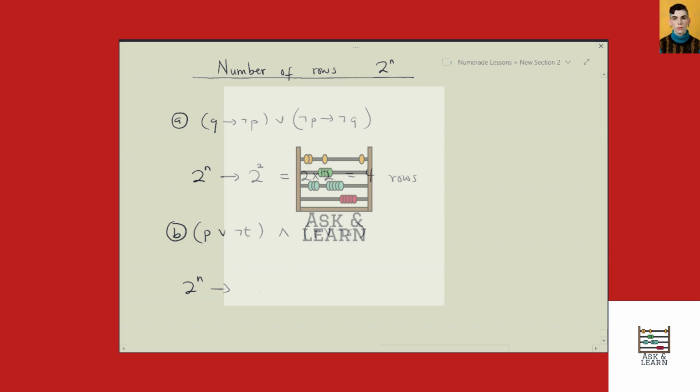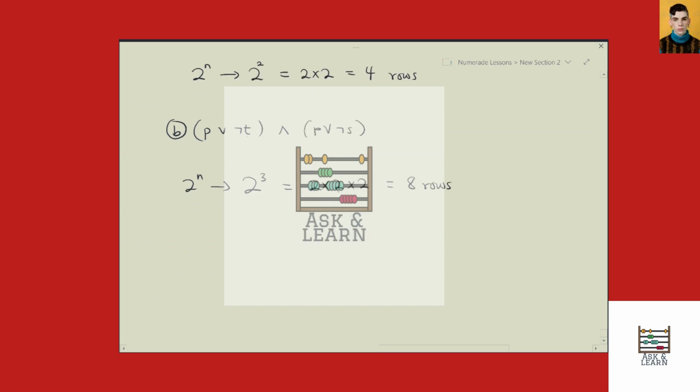Okay, so here we have 2 to the power 3, and that is equal to 2 times 2 times 2. 2 times 2, that is 4, times 2, that is 8. So we have 8 rows. Okay, so 8 rows will be required for that.